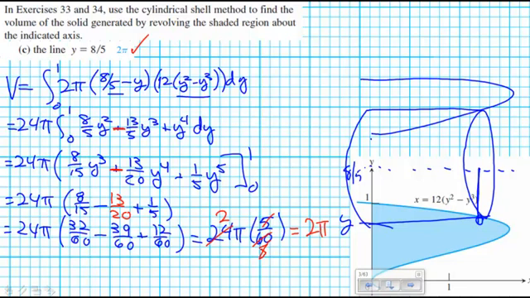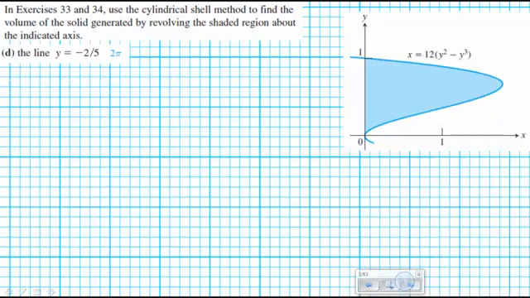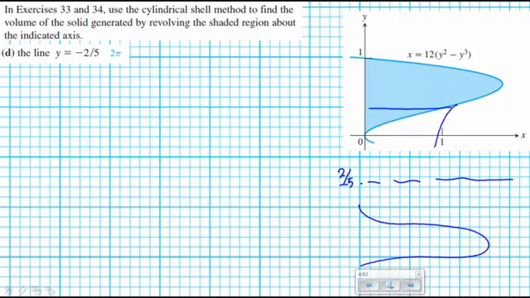The last one is, by the way, more of the same. But this time we're down here at negative 2/5. That's our axis of rotation, and so our reflected image is down here. And we draw a typical cylinder. We're going to go from the axis of rotation back up to the original. And here we go.